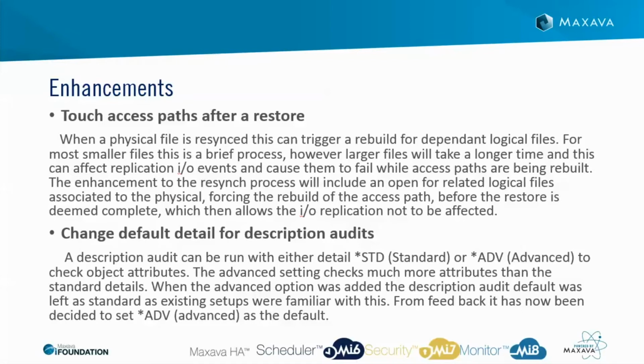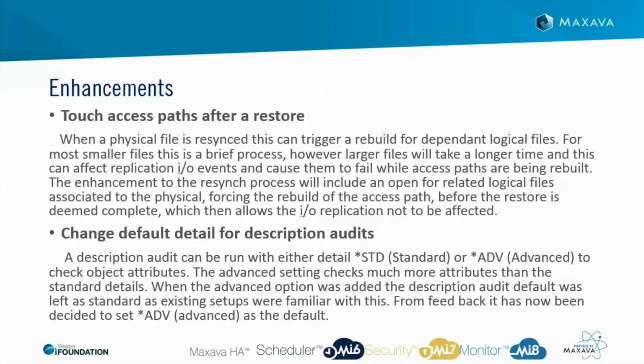A description audit can run with either detailed *STD standard or detailed advanced *ADV to check the object attributes. The advanced setting checks more attributes than the standard detail. When the advanced option was added, the description audit default was left at standard as existing setups were familiar with this information.